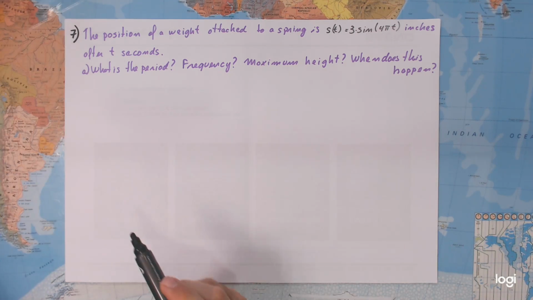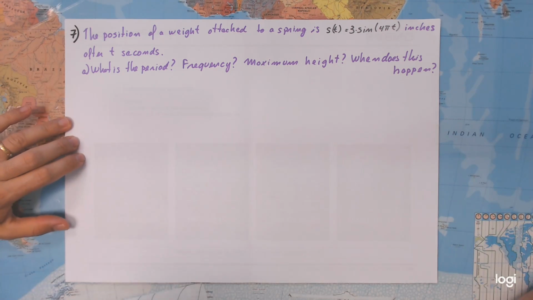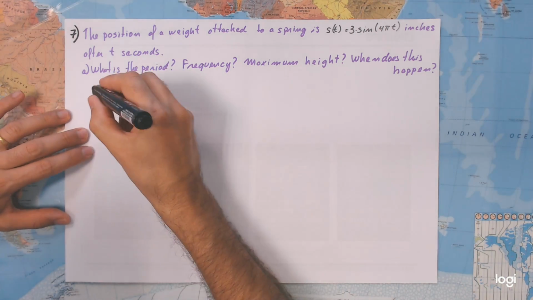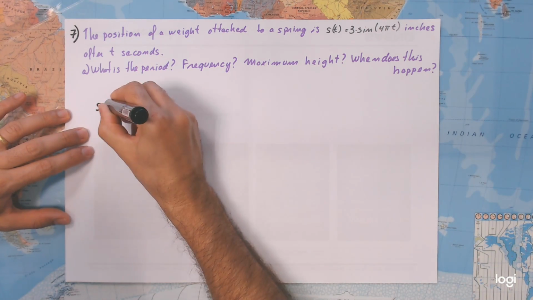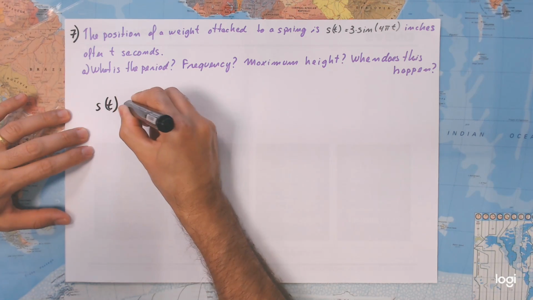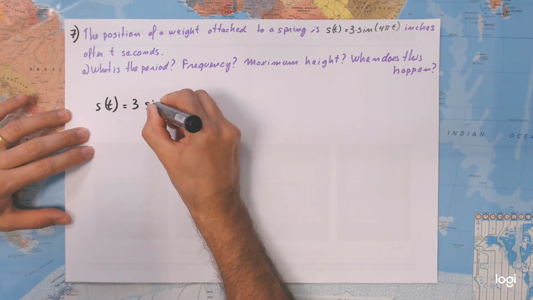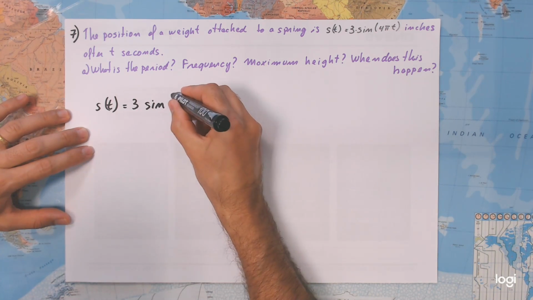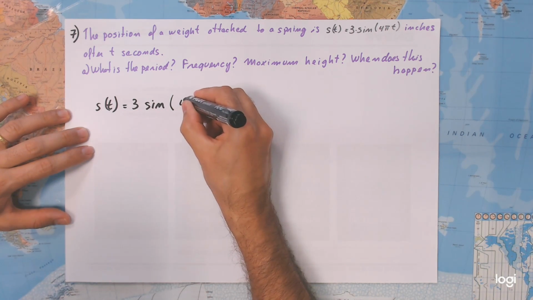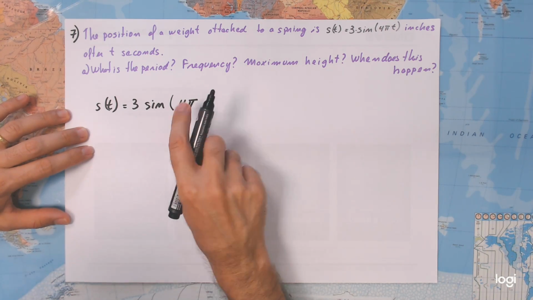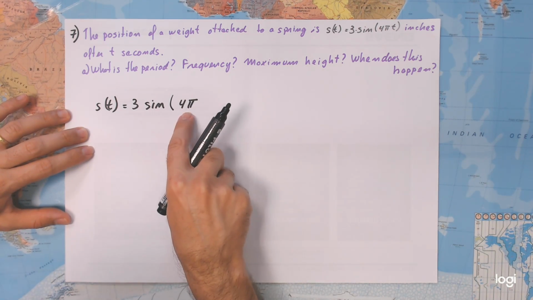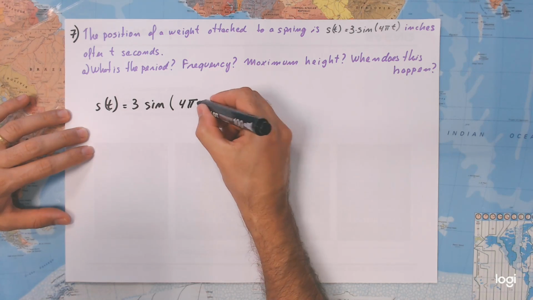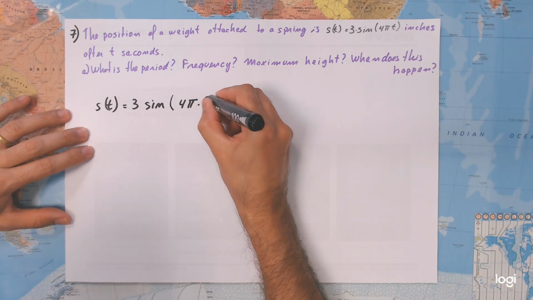I'm going to write it back again. So we have S of t equals 3 sine, this is the amplitude, remember, multiply by, this is going to be the period, okay? This is going to affect the period, this 4 pi, times t.